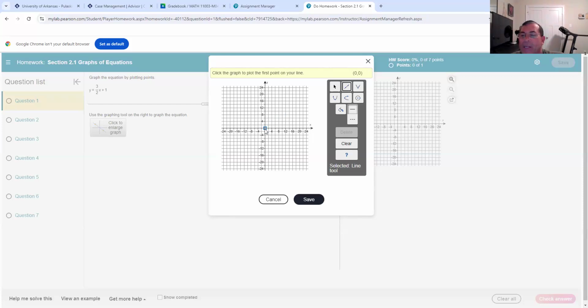You see right now I'm at 0, 0. Once I pull down, I'm at 0, negative 2. I'm going to click that. Y'all, the second point was 2, 1. So starting in the middle, I'm going to go right 2 and then up 1. So I need to be at 2, 1 right there. Once you plot that second point, it draws the line for us, and we can move on.